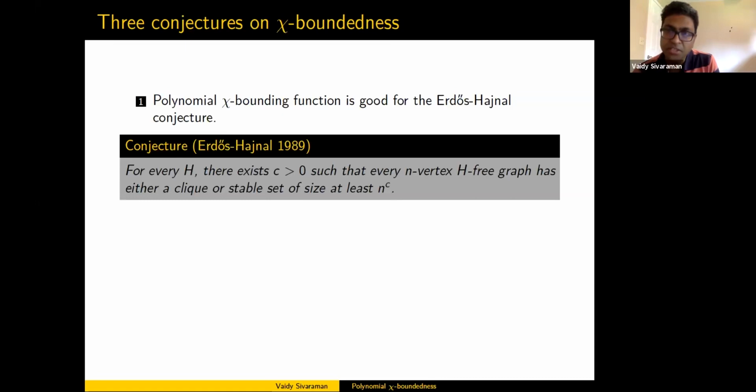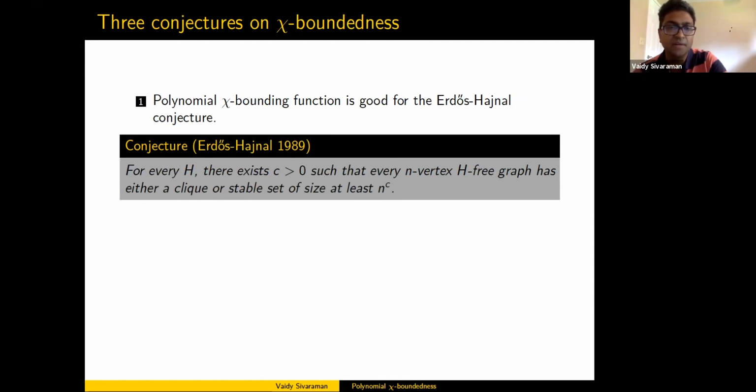So for any H, if you exclude it, the class you get has this property of having a large stable set or a clique, unlike the usual general class of graphs where you can have only logarithmic size stable sets or cliques. So this is probably a very, very important conjecture in induced subgraphs, because it's saying that it works for every graph H. So that's the value of this conjecture.